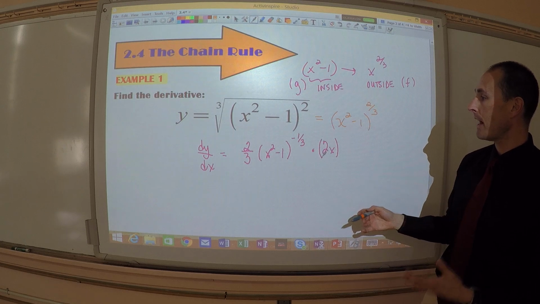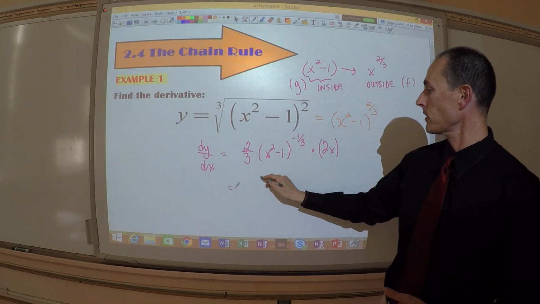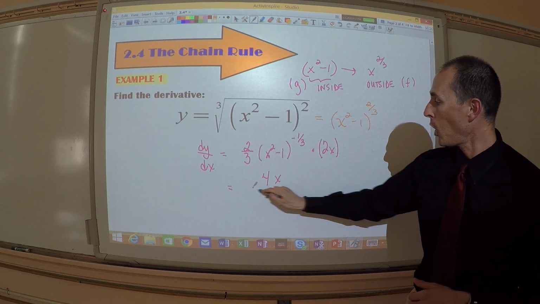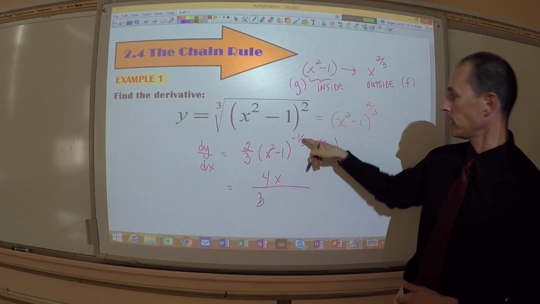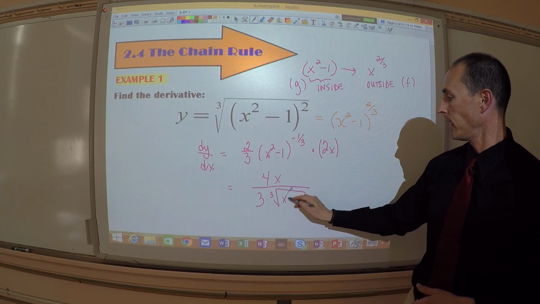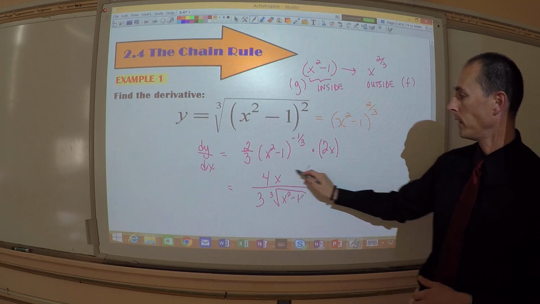So if we wanted to see that in a simpler form, we would call it just probably 4x, right, 2 times 2x, over 3, and since that's a negative exponent, we could even put that down here and call that cube root of x squared minus 1.